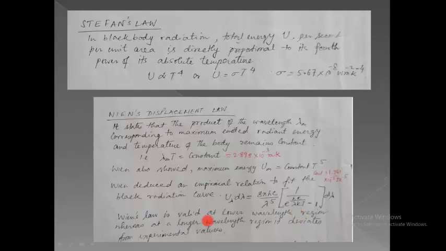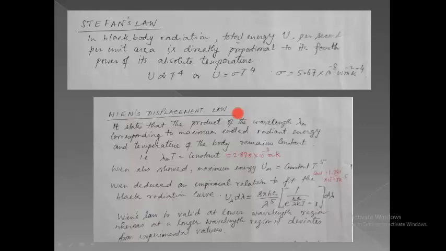And then after deriving this formula, he tried to put in values of wavelength to get U, the energy density, from his formula, and then plot it. He tried to compare this with the experimental curve I have shown you just now.